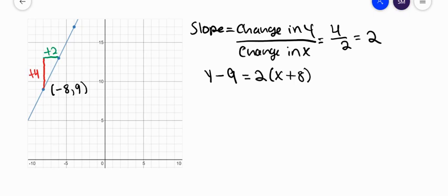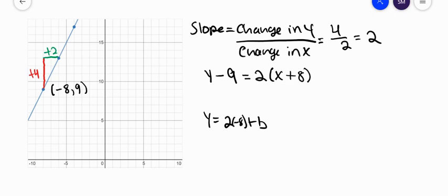If you did want to solve for the y-intercept, we will write our y equals mx plus b equation, and we found our slope m to be 2, so I'm going to plug in 2. And now I can plug in the x and y coordinates of any point on my graph in order to solve for b. So I'll stick with that same point, (-8, 9), and I'm going to put -8 in as my x value.